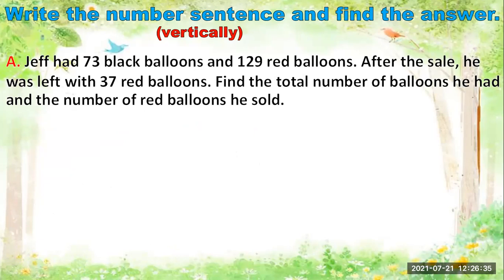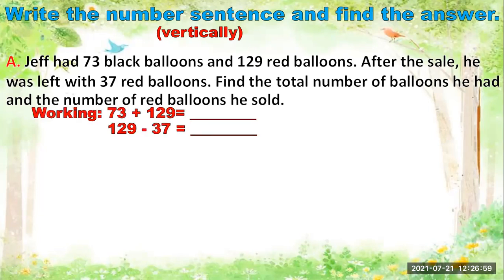And then I hope you understand that this question is about black balloons and red balloons. So the things that we need to find out here are the number of balloons that he sold and the total number of balloons that he had. So there are two questions here. So we will make two mathematical sentences.